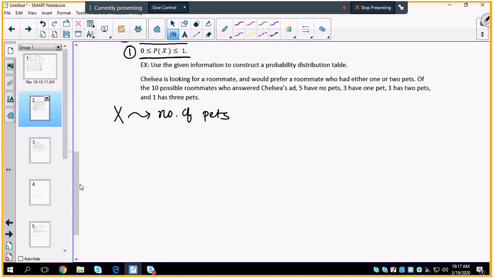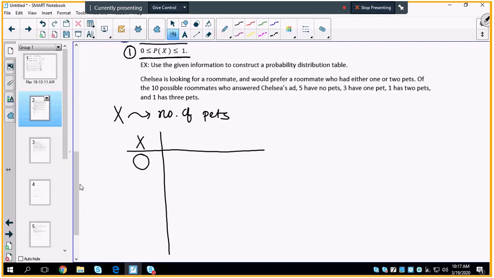Let's try to draw the probability distribution table. As I have said, I will first get the left-hand column and I will write down the possible values for this random variable. Let's look at the problem one more time. The people that had responded to Chelsea's ad, 5 had no pets. So the number of pets for these 5 people is 0.